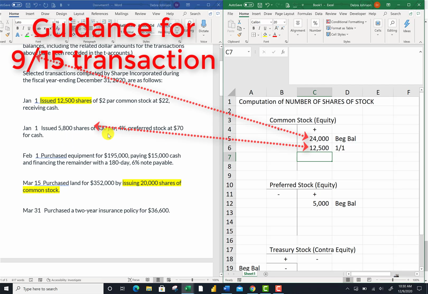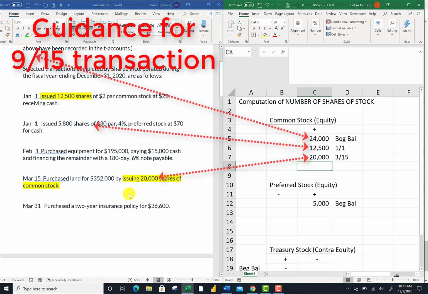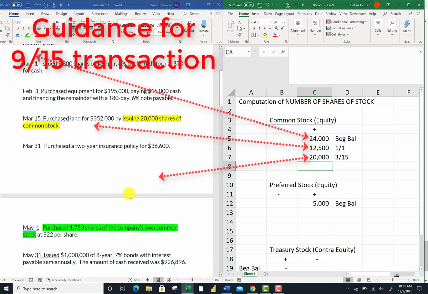Again, I'm skipping over the preferred right now and focusing on the common. No common shares here. No common shares here. Here's some more common shares issued. 20,000 shares were issued on March 15th through the purchase of the land.